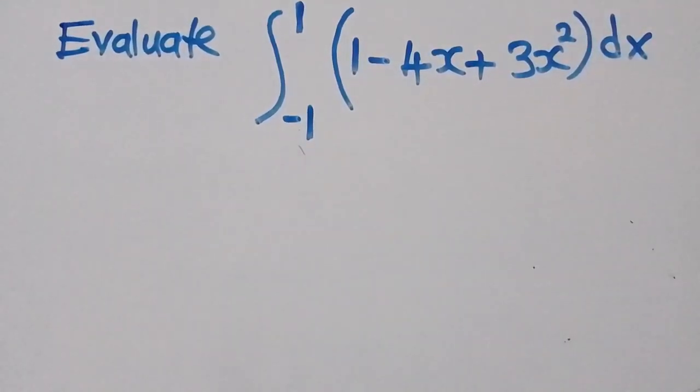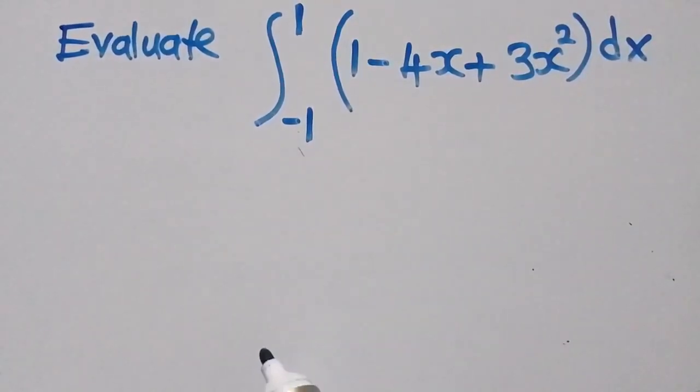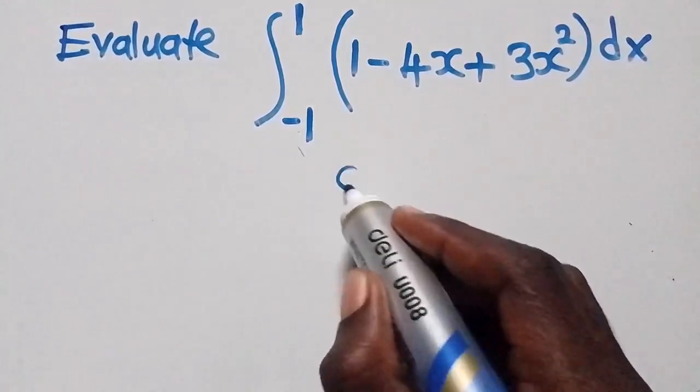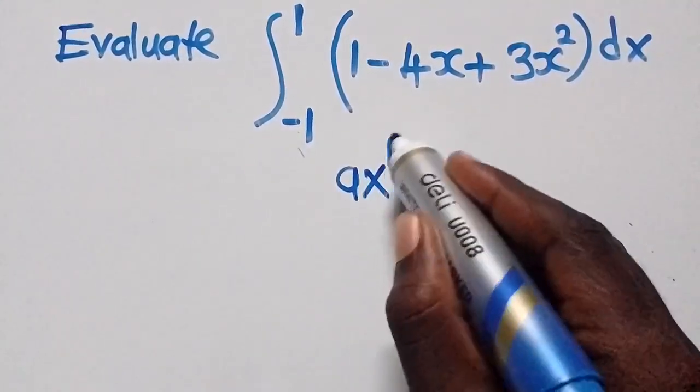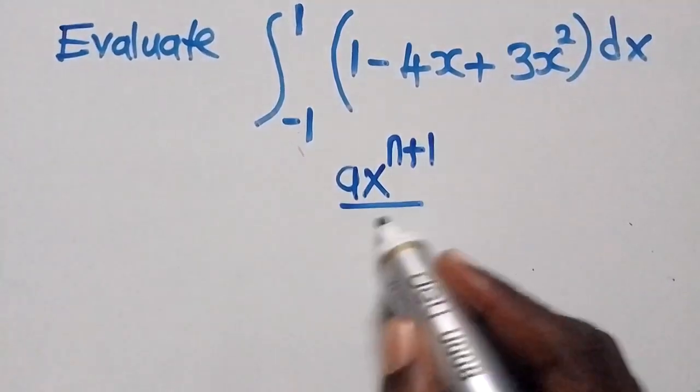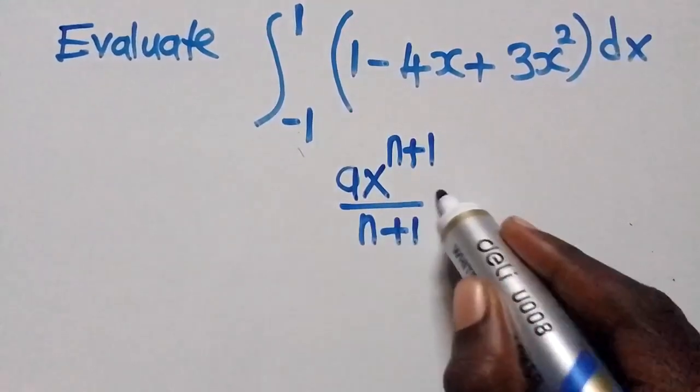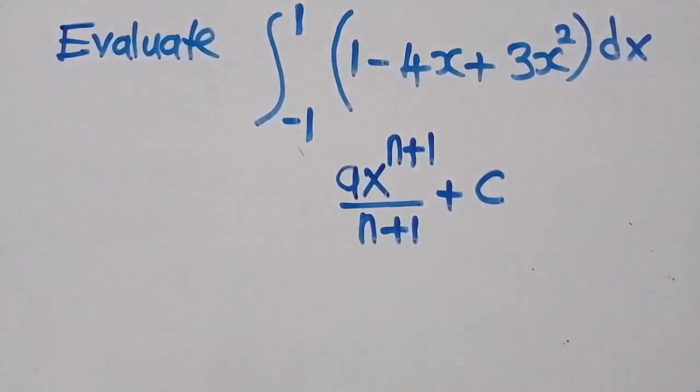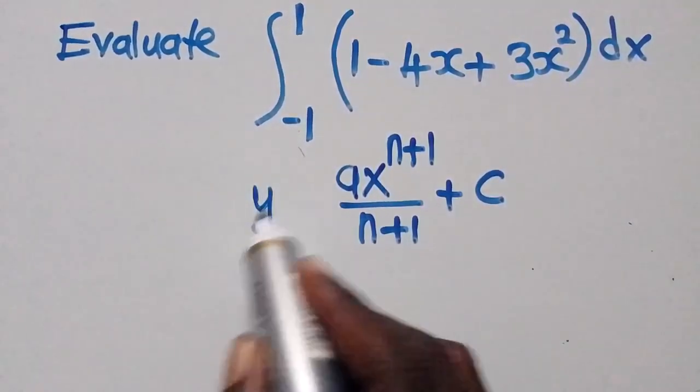So you need to know the formula that we get to use. The formula is ax to the power n plus 1 over n plus 1, then you say plus c. This is the formula that we'll be using. Here we say y is equal to.